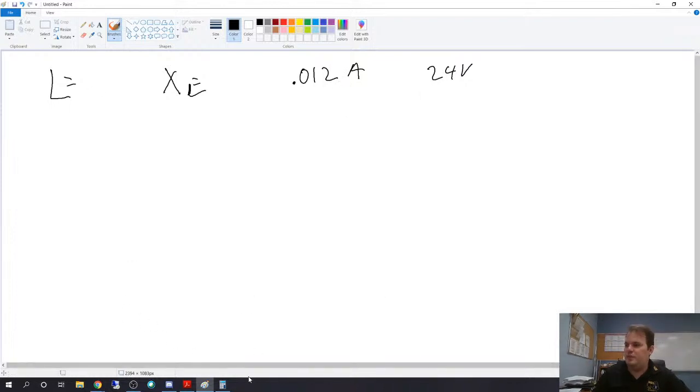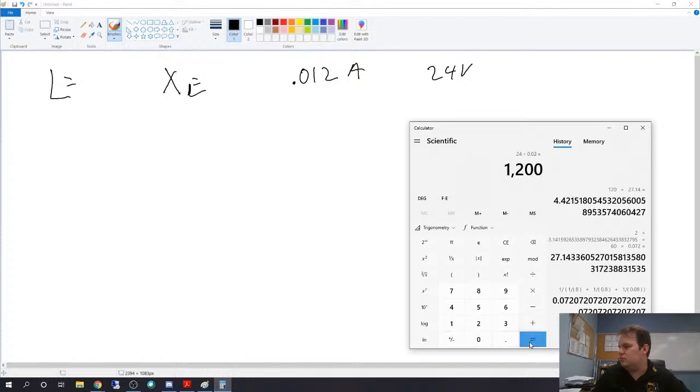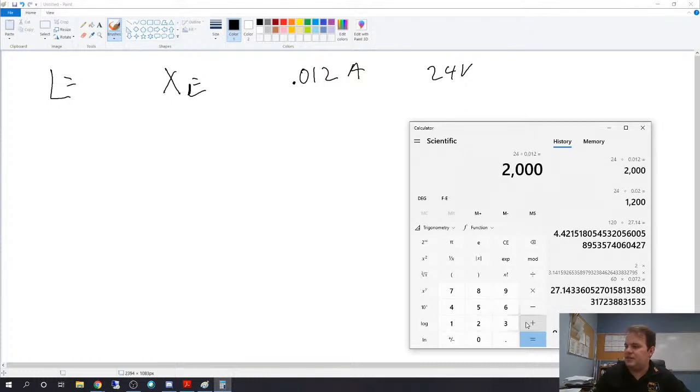It's going to be like 0.05. Clear. 24 divided by 0.012. 2000. I was so wrong.